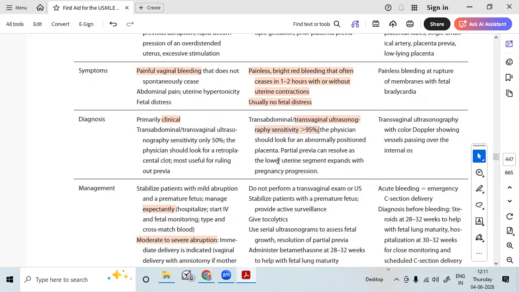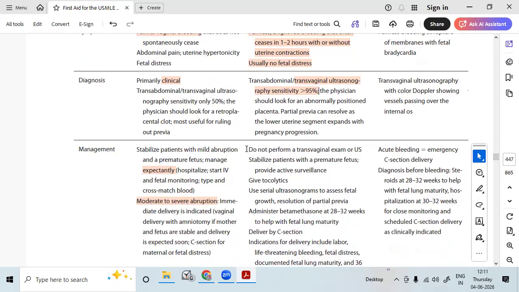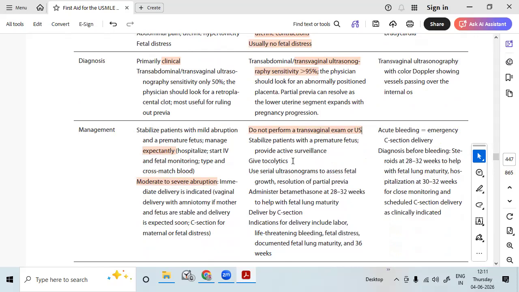Partial previa can resolve as the lower uterine segment eventually expands with pregnancy progression. Do not perform a digital vaginal exam. Stabilize the patient with a premature fetus. Provide active surveillance. Give tocolytics.